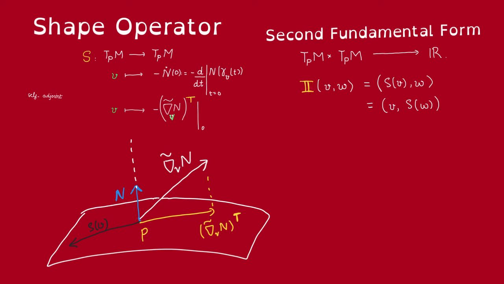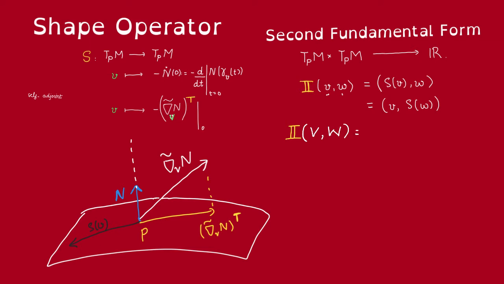Okay, now let's try to figure out how to rephrase the definition of the second fundamental form in terms of connection. So let's say that given two vectors V and W here, I can extend them to vector fields on the whole of M tilde.